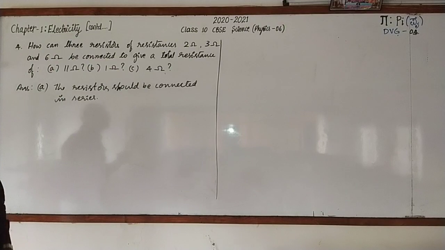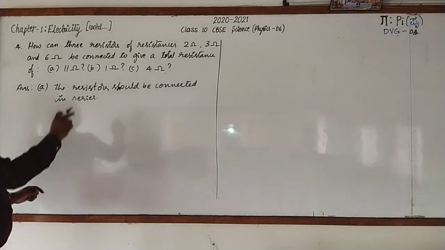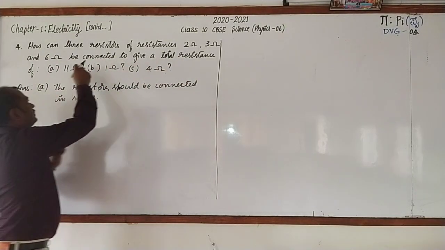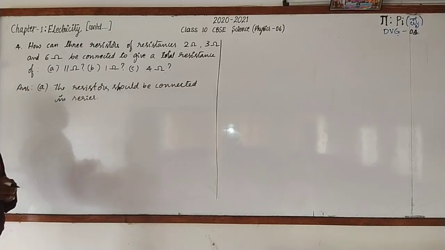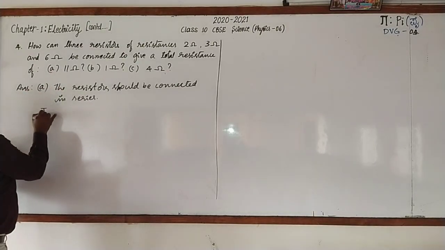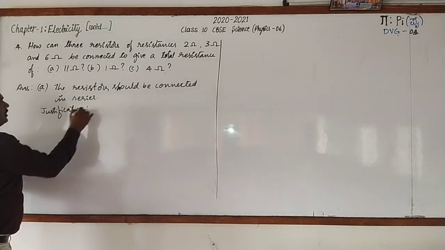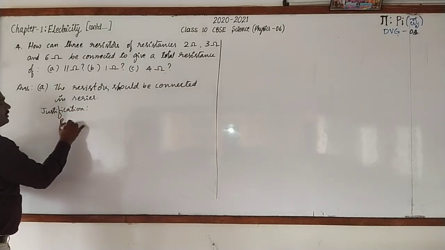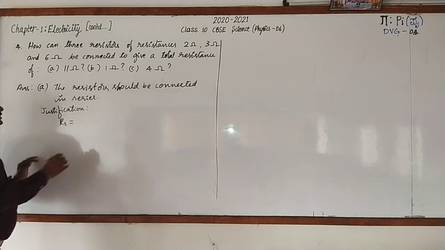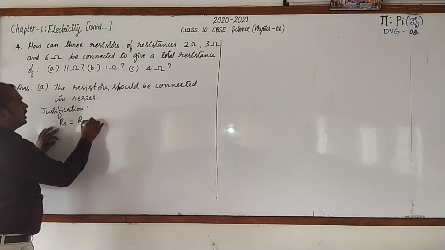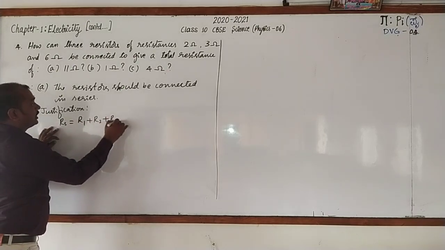But you have to give justification. That means when the three resistors are connected in series, you should get 11 ohm. I'll write justification. How many resistors are there? 3 resistors. So I can write R is equal to R1 plus R2 plus R3.